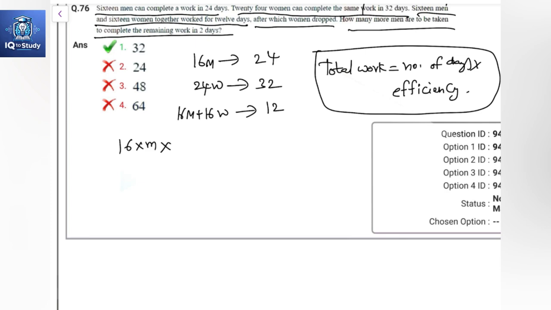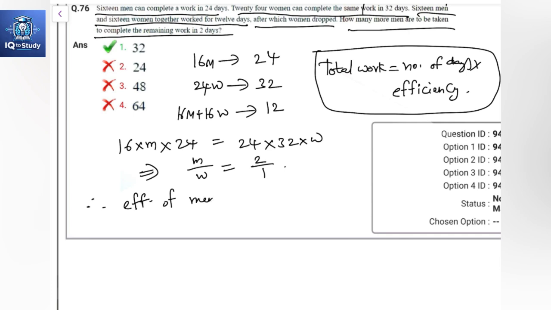It means 16 into m into 24 is equal to 24 women doing the work in 32 days, which implies men by women is equal to 2 by 1. Therefore, efficiency of men is equal to 2x and efficiency of women is equal to x.